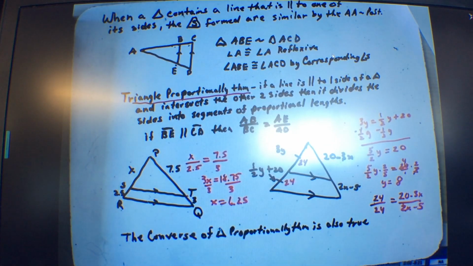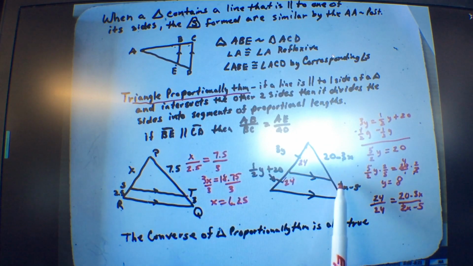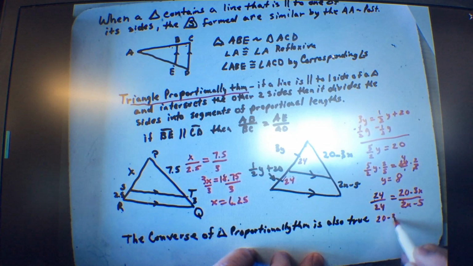Now, since these are both 24, can I just set these two equal to each other? Because you're multiplying by the same thing. Yes. Which proves that if these are parallel and these are equal, then these have to be equal also. So now we can say 20 minus 3x equals 2x minus 5.